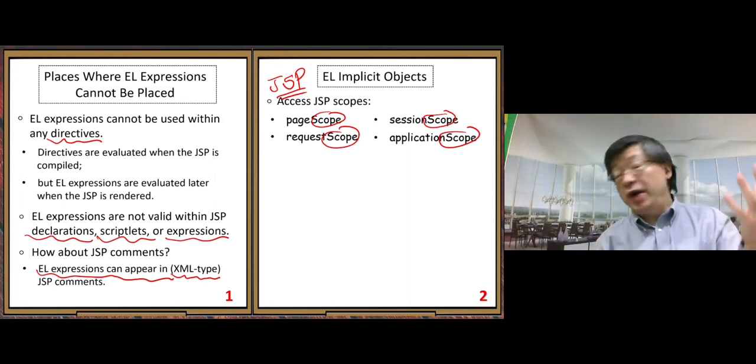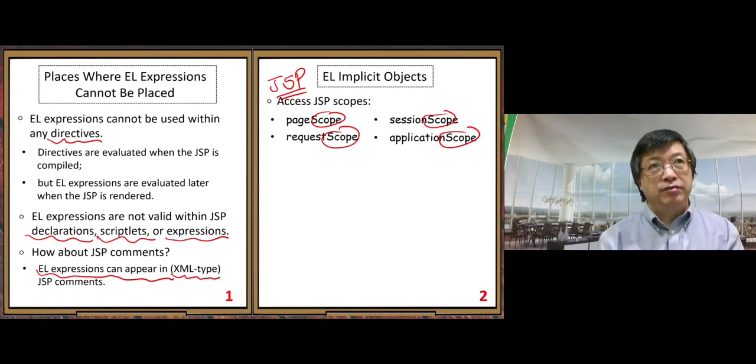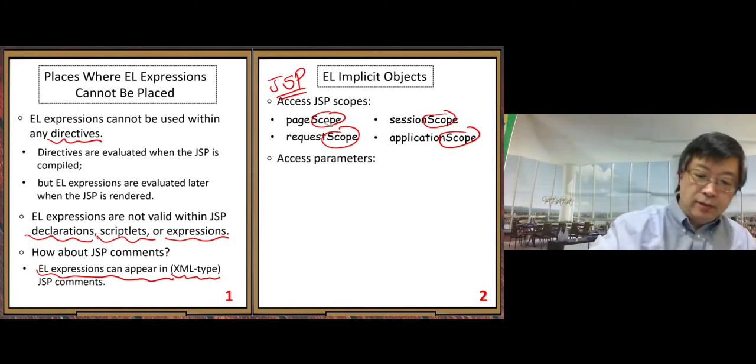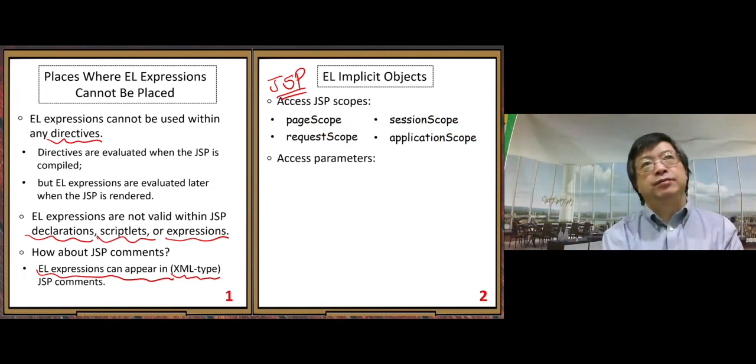So when you use them, you won't get confused, right? So I use the EL version because I attach that scope name. The first type. Second type, access parameters.